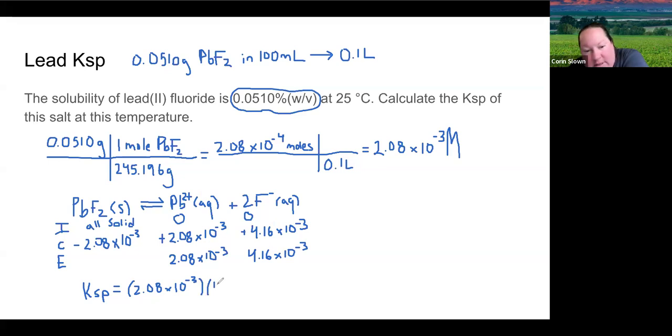And then we have 4.16 times 10 to the negative third, but that has to be squared. And when I enter that into my calculator, I get 3.60 times 10 to the negative 8.